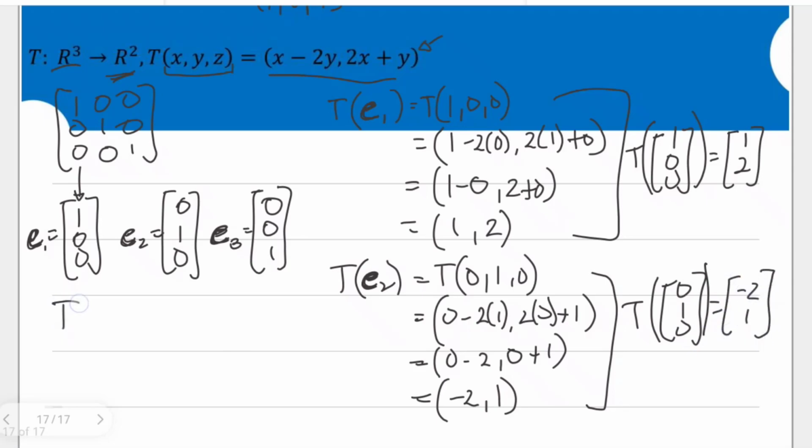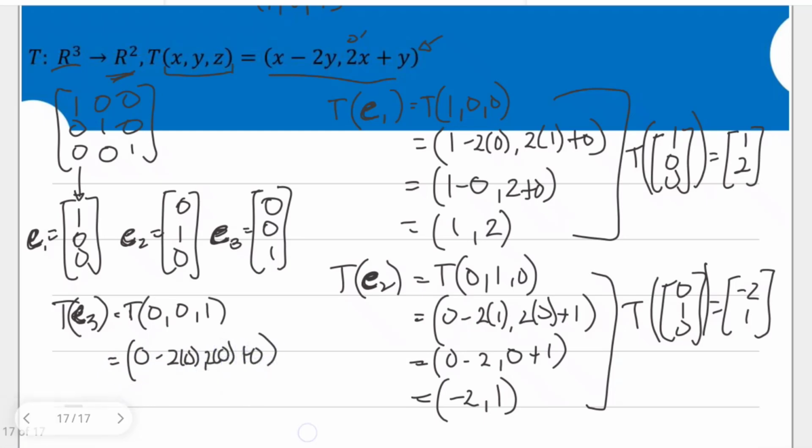Then for our third, that's 0, 0, 1. But it's z that is 1, and we don't have z in this form. So we'll be using 0 minus 2 times 0, and 2 times 0 plus 0. So we have the result 0 and 0.